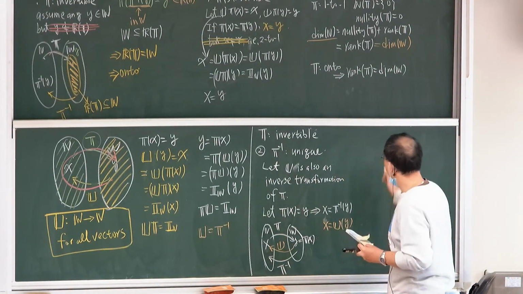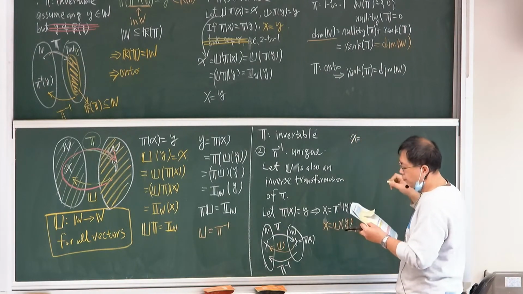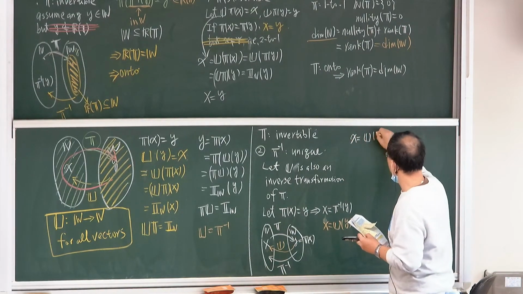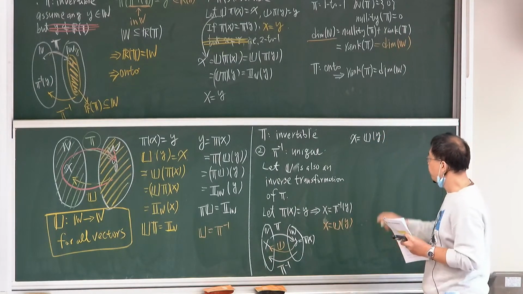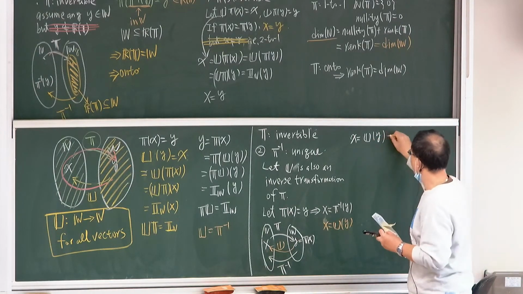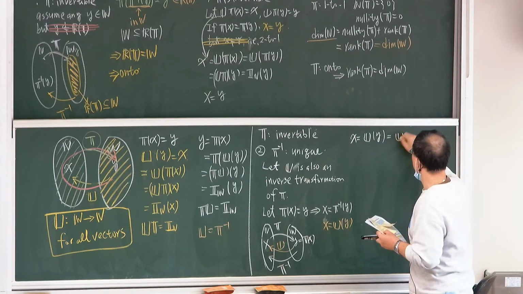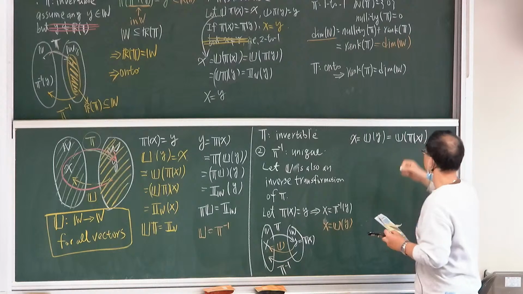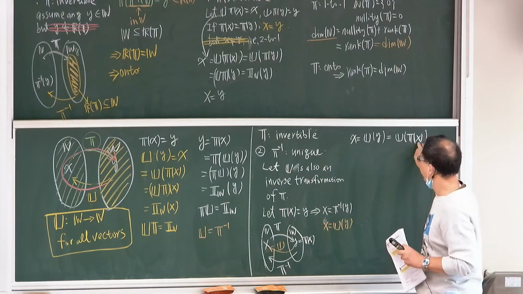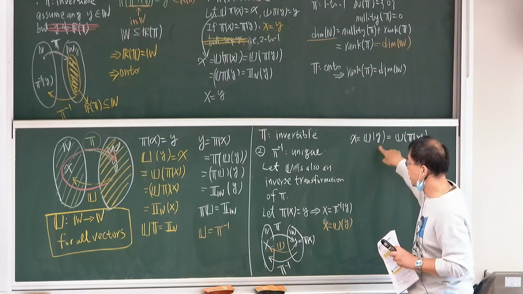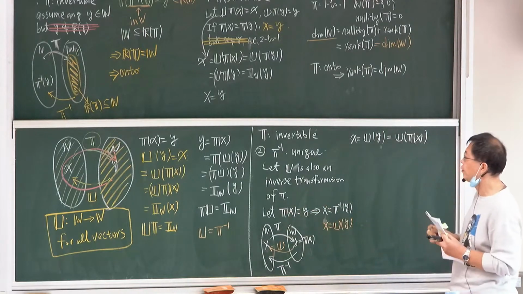Right now we have x equals U of y. Then U of y equals U of T of x, because y is obtained from the transformation of x.